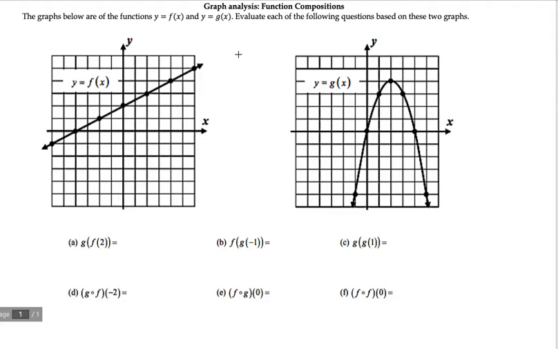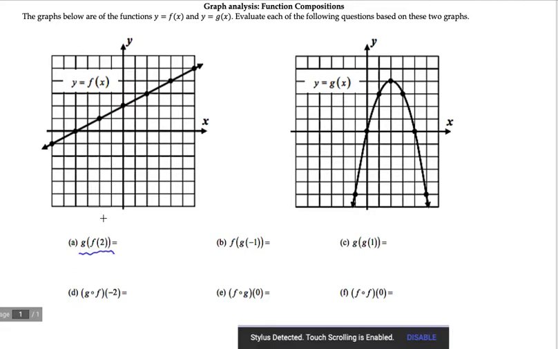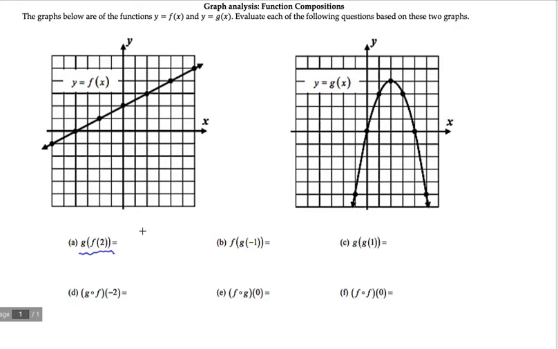So let's get started. The first one, as you can see, is g of f of 2. Whenever we see this, we know the inside part is the first one we need to work on, which is f of 2. So I'm going to look for f of 2 first. For f of 2, x is 2, so I'm going to look at this one.